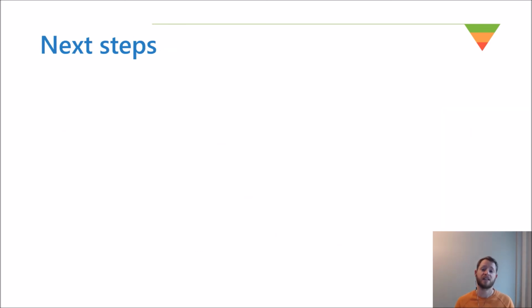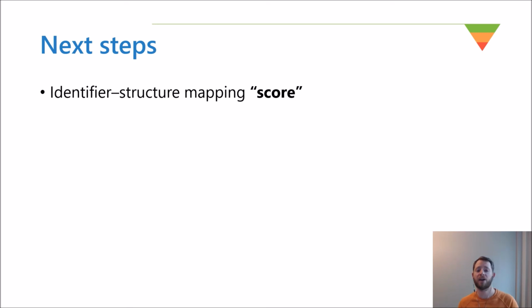Now the next steps in the very foreseeable future will be, for example, an identifier structure mapping score, because not for every name, for example, or for every CAS number you search for on whether it's PubChem, ChemSpider, or the CAS Common Chemistry services, you will not always get exactly one structure or even the same structure back. So there we are currently in active development to develop a scoring system.